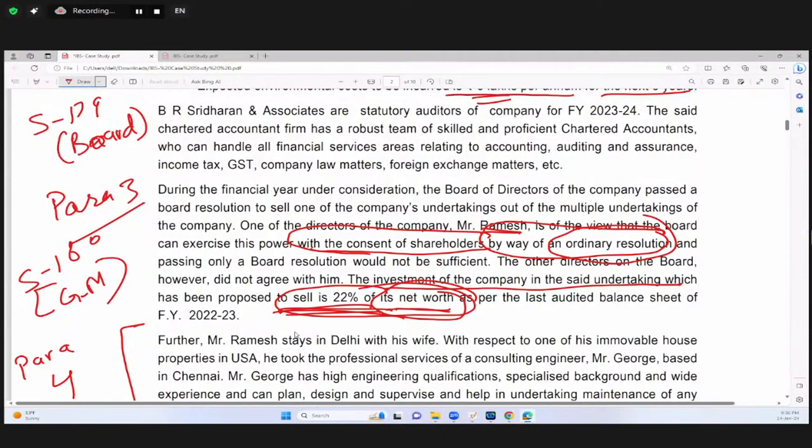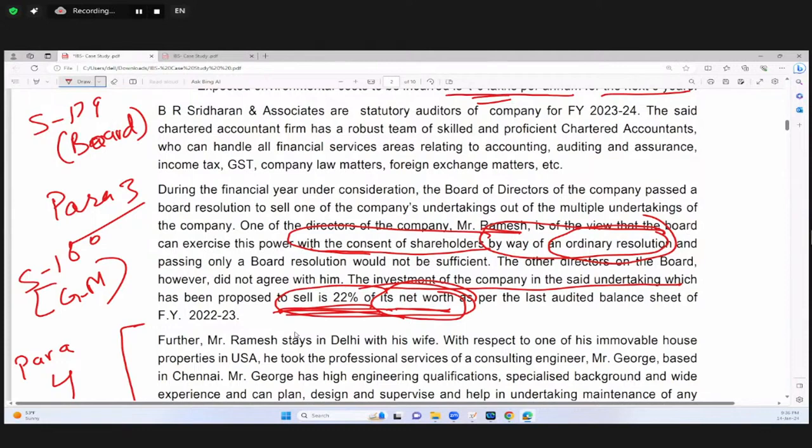What is net worth? In our question it is already given as 20% of the net worth, but for more conceptual clarity, we can say that net worth is covered under Section 2(57) of the Companies Act.